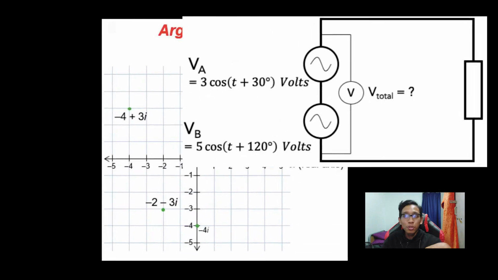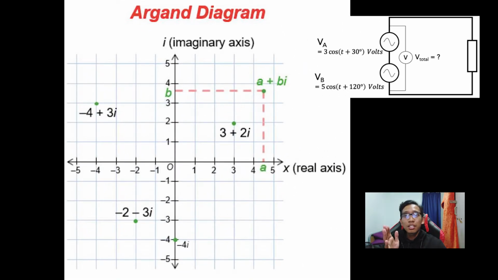As you can see here, this is an example of the Argand diagram. The real axis is the x-axis, while the imaginary axis is labeled as I, or we usually see it as x and y. Now we need to see this Argand diagram as x the real axis and I as the imaginary number.